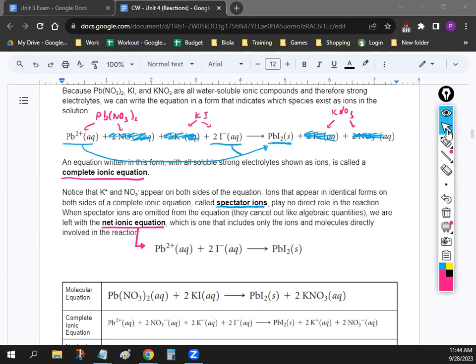You have molecular, which is the normal one. Complete ionic is where you split up all of the aqueous ions. And a net ionic is where you write only the stuff that does something. That's it. Those are the three types of equations, and now we're just going to practice writing them.